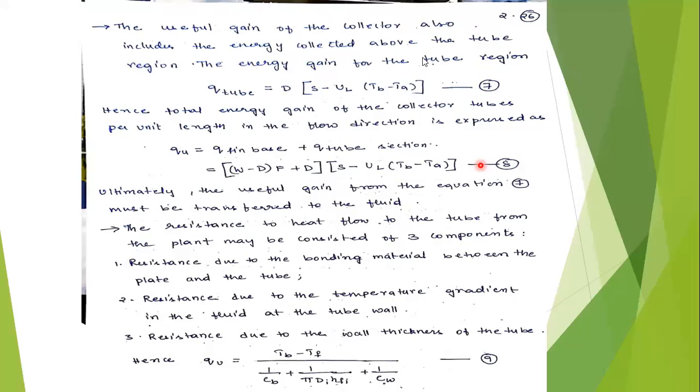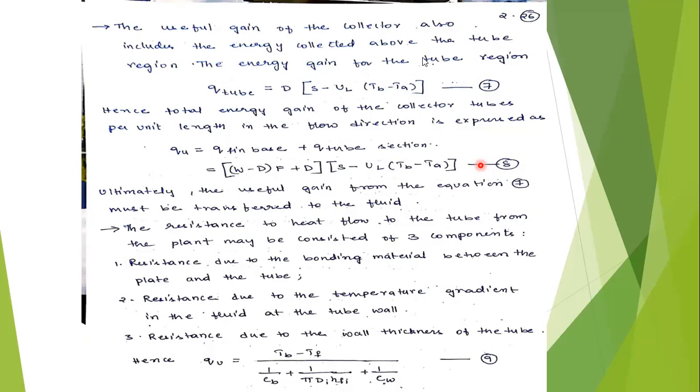This movement of the tube increases the thermal losses, so we have to decrease it. The tube has to be firmly bonded to the plate, and for this we use some bonding material. This bonding material gives a resistance to the heat flow to the tube.